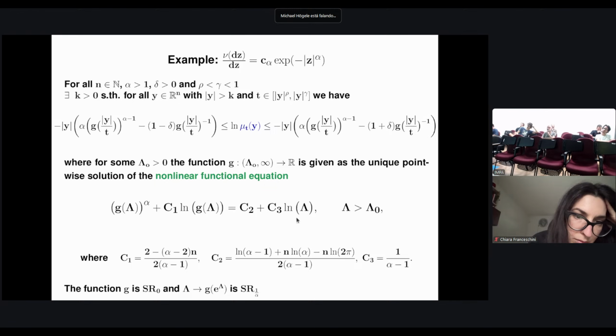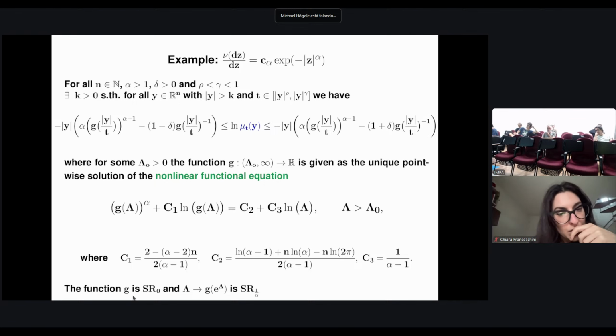This term is of much lower order because it's the logarithm of g. So you can expect that g is essentially the logarithm of lambda to the power 1 over alpha in order to cancel. This is essentially the order you can expect.